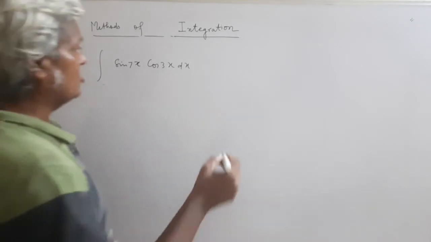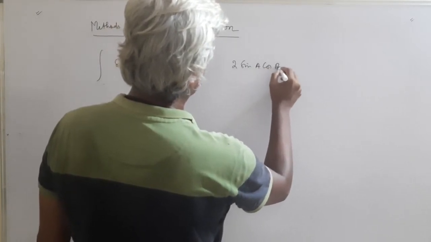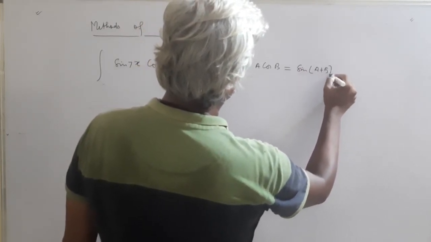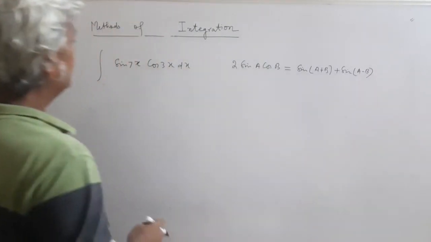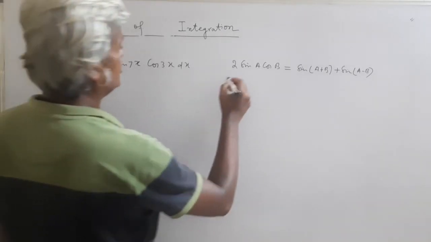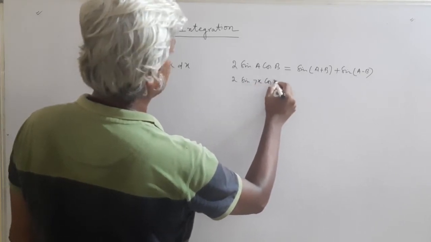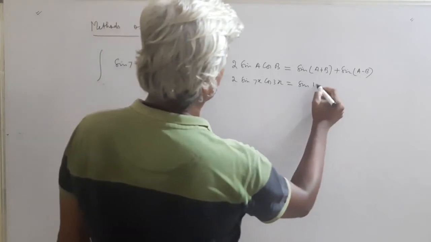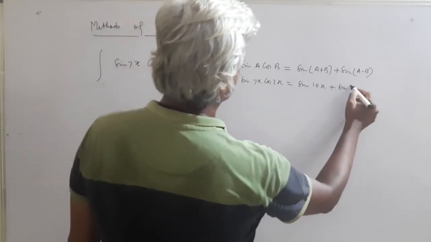We have a formula, we just saw that 2 sine A cos B is sine A plus B plus sine A minus B. So we have sine 7x and cos 3x, so A is 7x, B is 3x. So 2 sine 7x cos 3x is sine 7x plus 3x, which becomes 10x, plus sine 7x minus 3x, that is 4x.